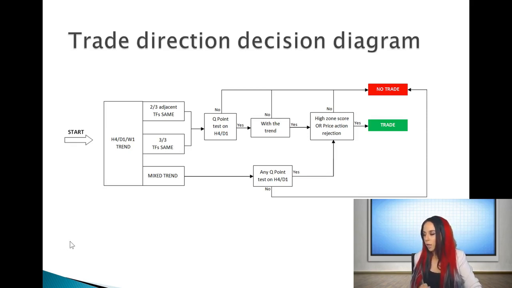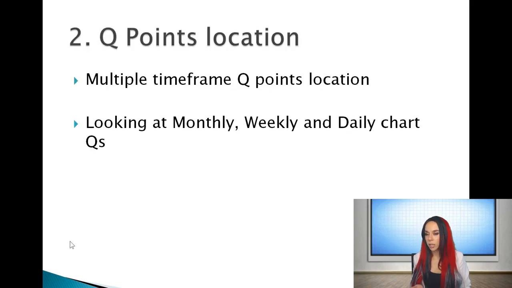All right, so the next thing in your routine would of course be your Q points location. Starting on the large time frames, you will go to your monthly chart, locate your Q points. You will then go to a weekly chart, do the same, and then the same for the daily.